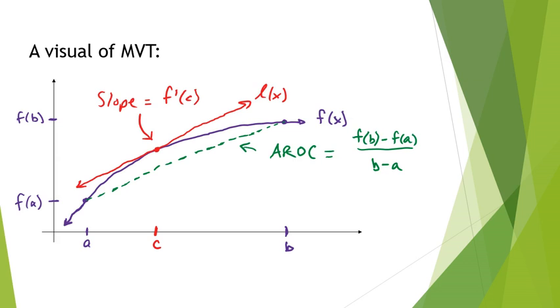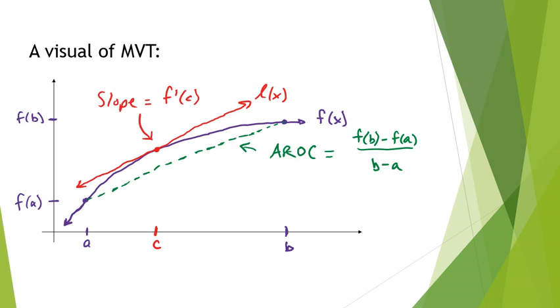And what the mean value theorem says is that if your function is continuous on the closed and bounded interval, and if it's differentiable on the open interval, then there is some c value between a and b, such that the average rate of change of the function over the entire interval is equal to the slope of the line tangent to the curve at one particular x value, specifically x is equal to c in that interval.